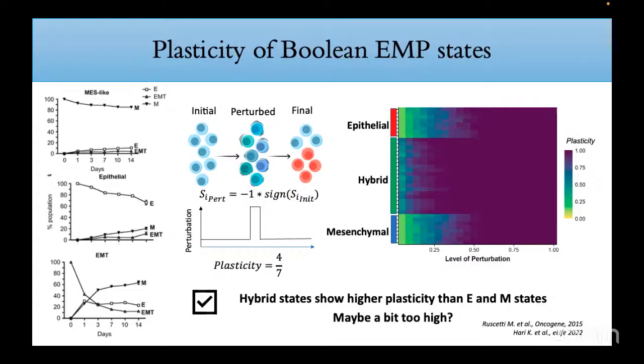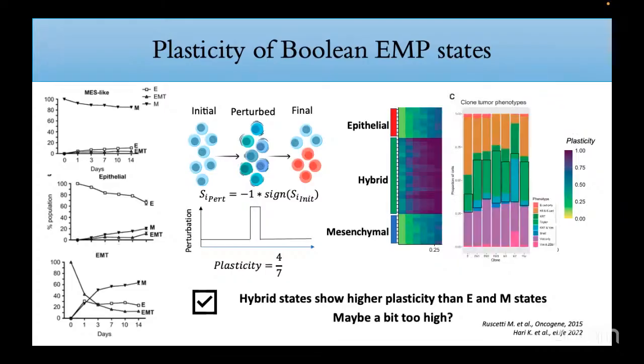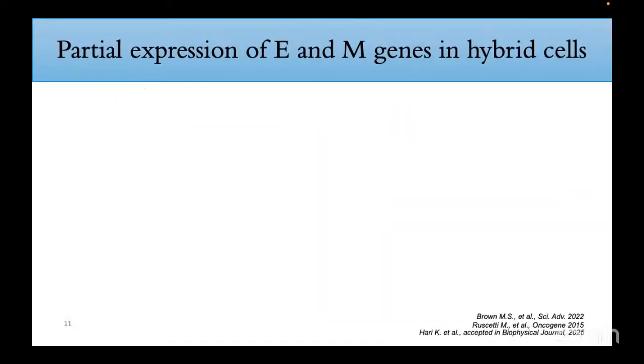If you look at some of these tumor growth experiments or metastatic experiments, where people again start with clones of epithelial, hybrid, or mesenchymal cells and see how heterogeneity evolves, in vivo what people see is a significantly higher fraction of hybrid states than what our model would predict or what the in vitro experiments would suggest, right? So we needed to explain this.